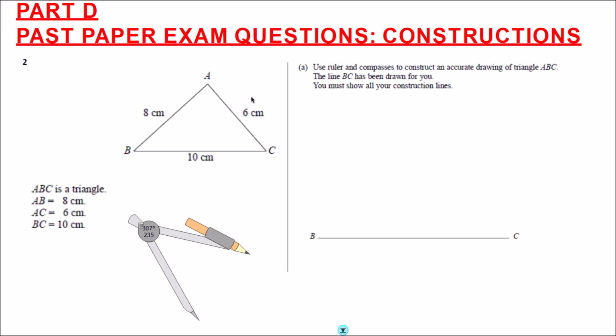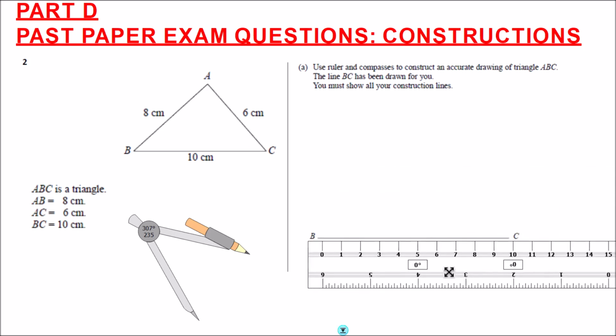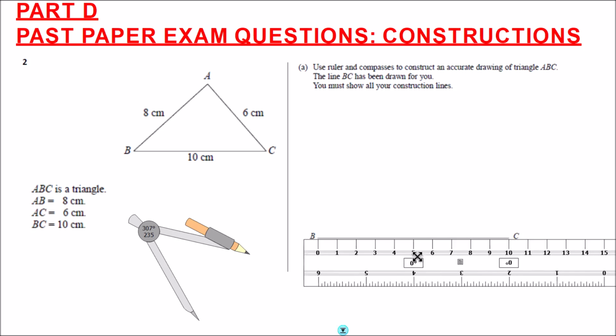So we can't just use a protractor or just guess where these points are going to go. So what we do need is a ruler, first of all. If I just change this scale to centimeters, because all these are whole numbers of centimeters, you should find on your worksheet that BC has been done for you accurately as 10 centimeters, as you can see.